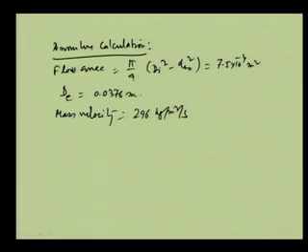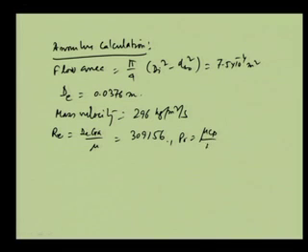So it was initially per hour, now it is converted into second, and then we get a Reynolds number equal to dGA by mu, and that happens to be 309156, and Prandtl is equal to mu Cp by K, and that is equal to 4.424.